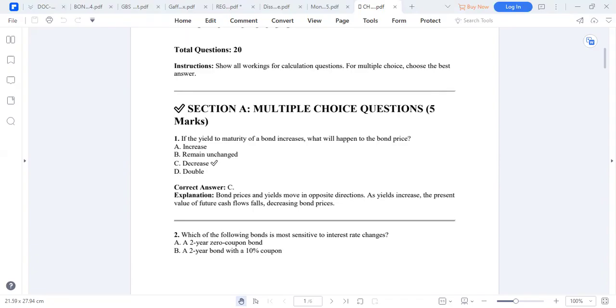So following up yesterday's question, we ended at understanding what the yield to maturity is and how to calculate YTM. So we looked at an example to say YTM is actually a discount rate.